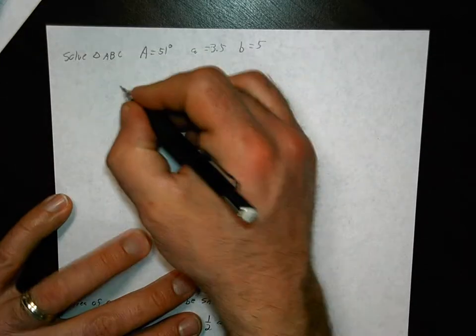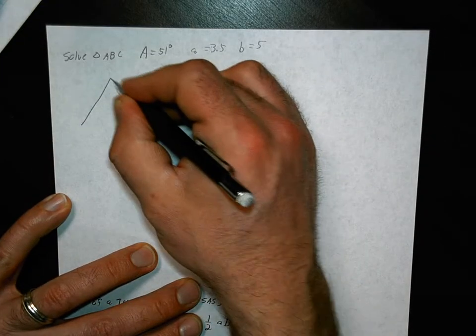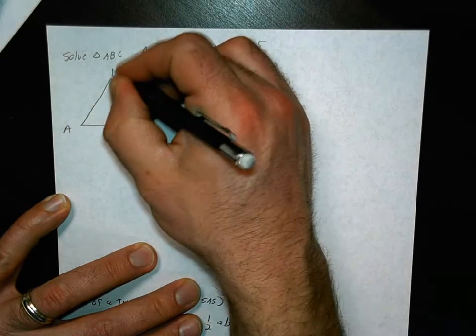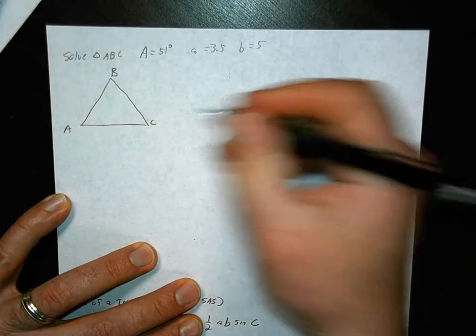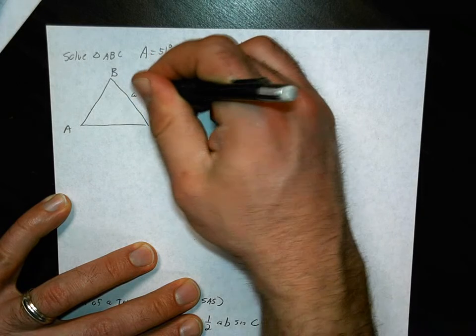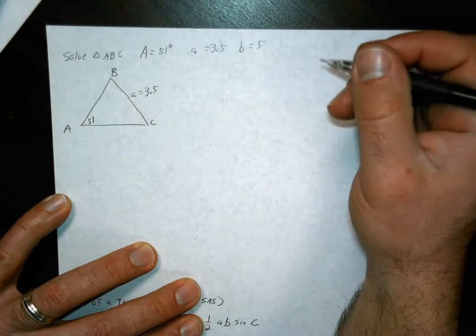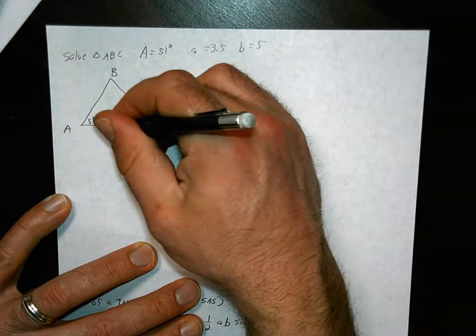Okay, so let's draw this one out. So side A is 3.5, angle A is 51, side B is 5.